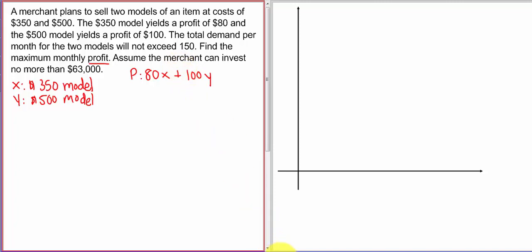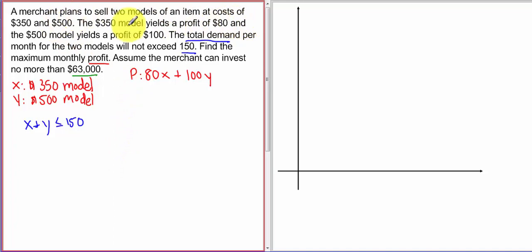Now let's look at our restrictions. The total demand per month for the 2 models must not exceed 150. So X plus Y is less than or equal to 150. The other equation is, assume the merchant can invest no more than $63,000.